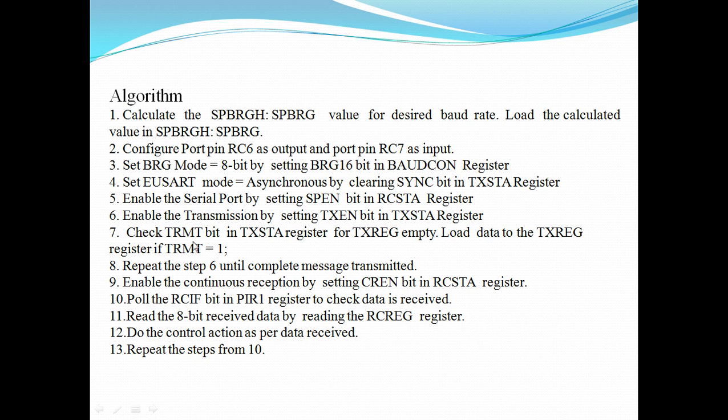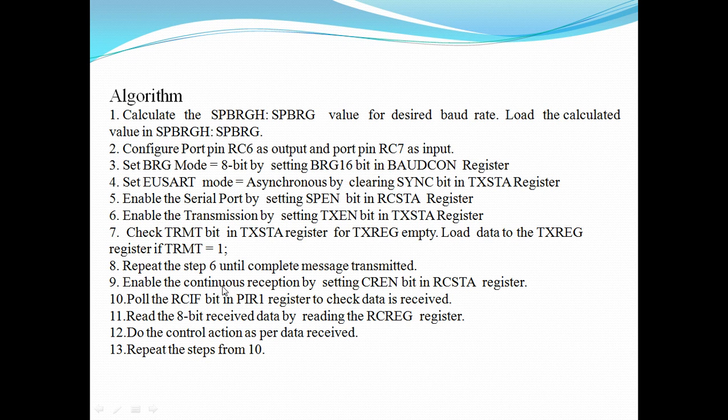Whenever this bit is raised to 1, showing the transmission register is empty, we need to load the data into TXREG, the transmission register. After loading the data inside the TX register, we need to repeat step 6. That means this bit is checked continuously, so that the data, that is the message, gets transmitted completely.